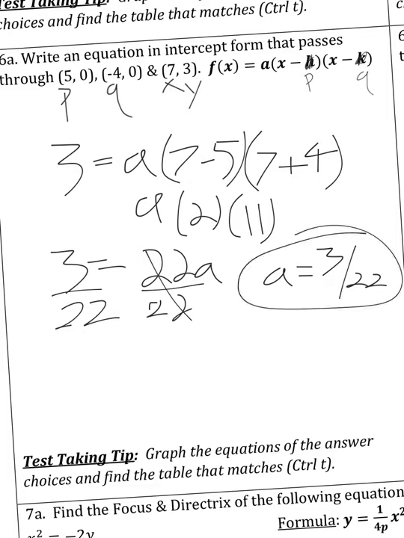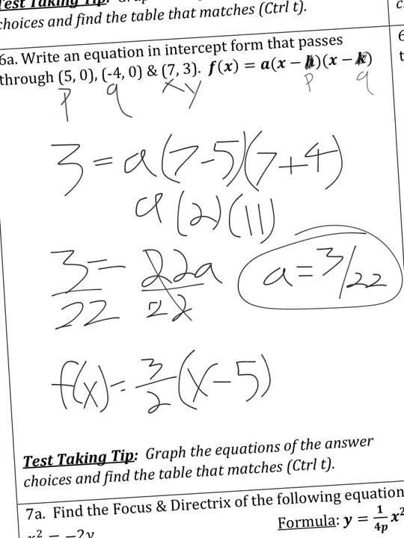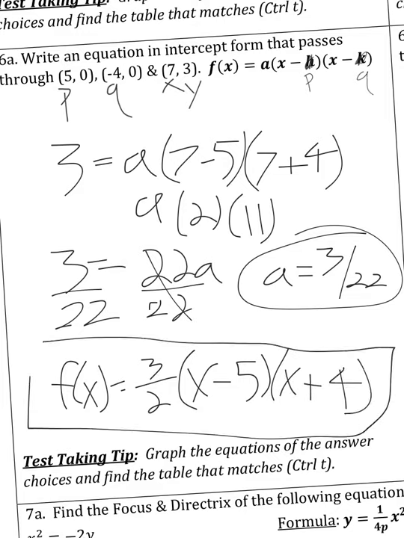So writing your equation would just be f of x equals 3 over 22, and then you just plug in the p and q. So x minus p, x minus 5, and x minus q would be x plus 4. And so when you graph this equation, you'll find these 3 points in the table.